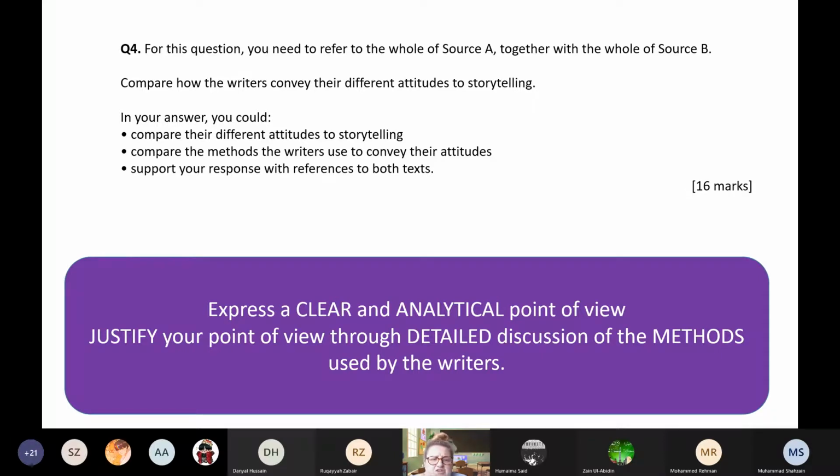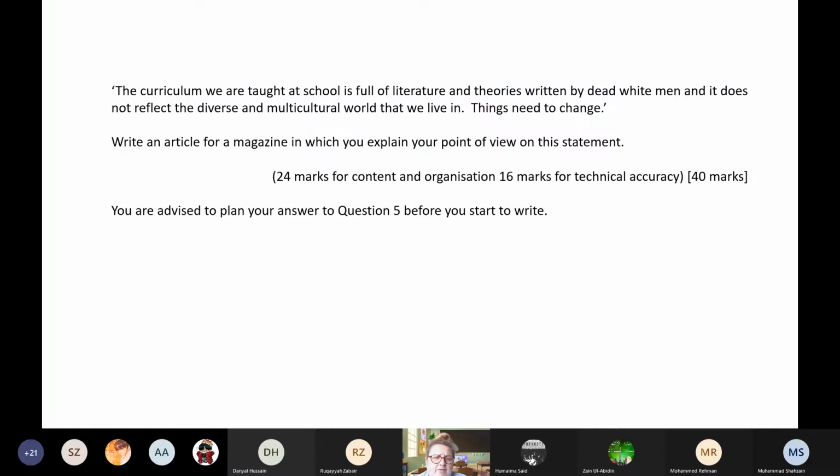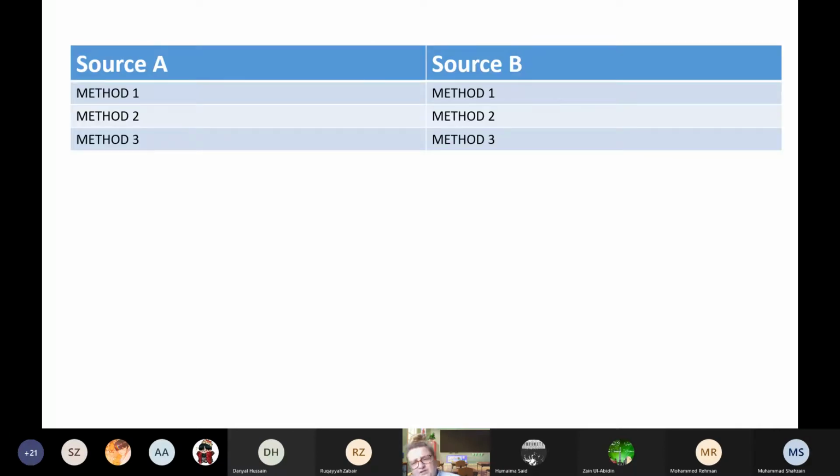It means that you need to justify your point of view through a really detailed discussion of the methods used by the writer. Now, one way to look at this question would be to consider it again in how you plan it. But this time it would be to look for the methods that you want to use in terms of comparison rather than the point that's being made.